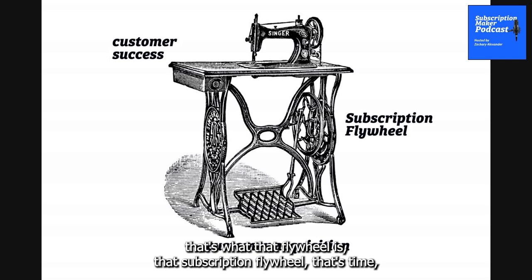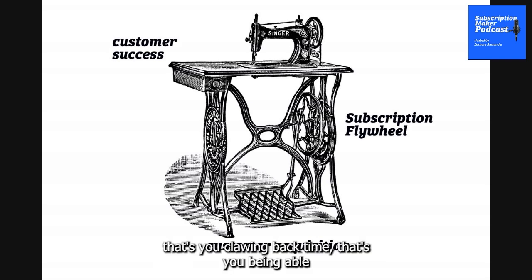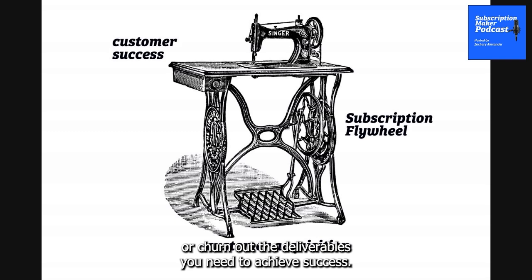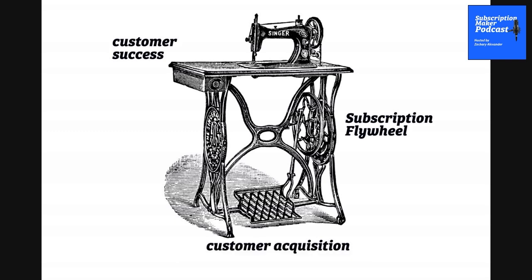That subscription flywheel, that's time. That's you clawing back time. That's you being able to add additional resources to your team and still be able to churn out the success, or churn out the deliverables you need to achieve success.